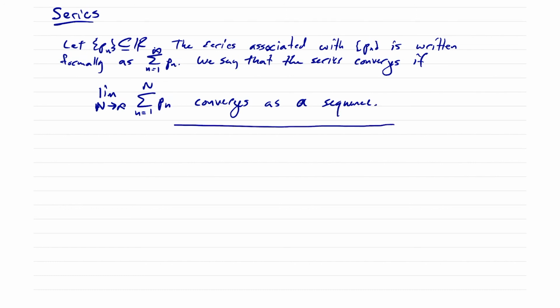Probably the most important series that we're going to be talking about, and we even just threw it out there last time in the intro lecture, is the geometric series. And the geometric series basically says this.